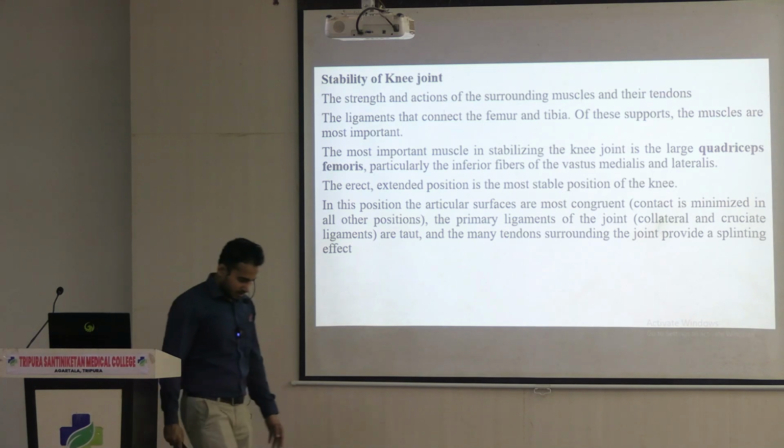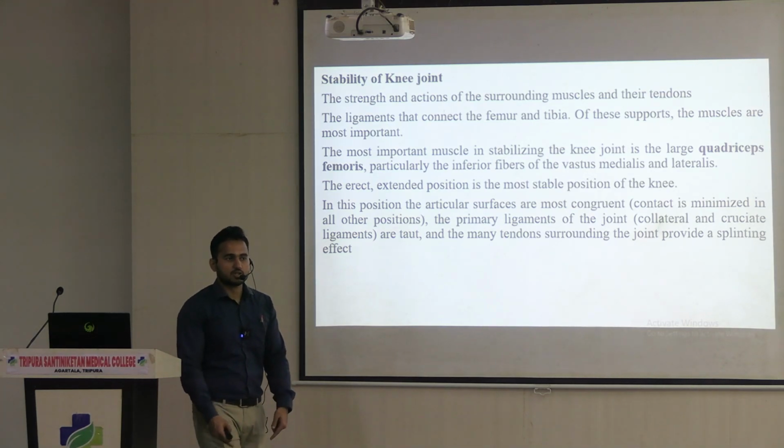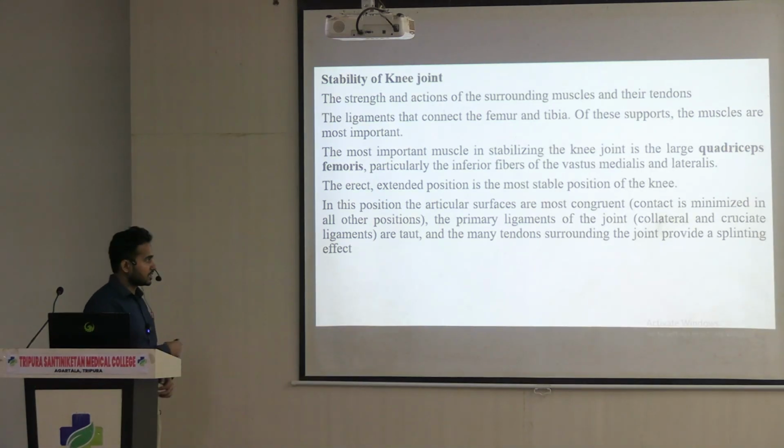Okay, I said, when complete extension is there, at that time it is the close-packed position. And in the case of flexion, it is the loose-packed position, for the knee joint. So these are the factors which provide stability to the knee joint. So that is all about the structure. Now the last part which is left is the movements of the knee joint.